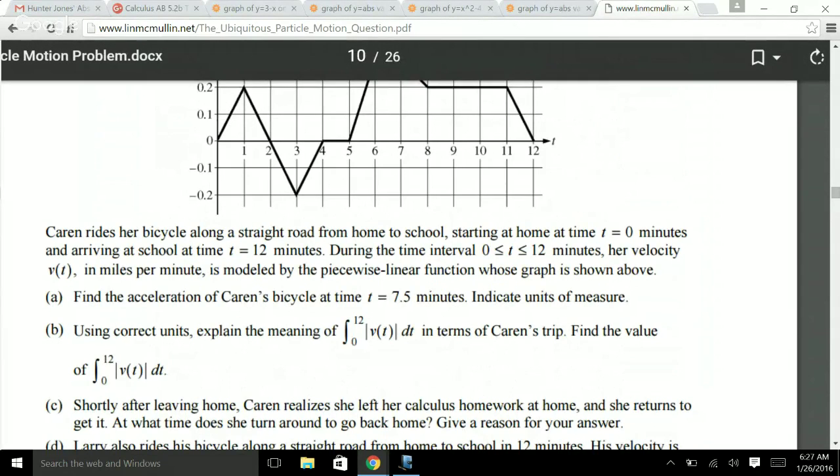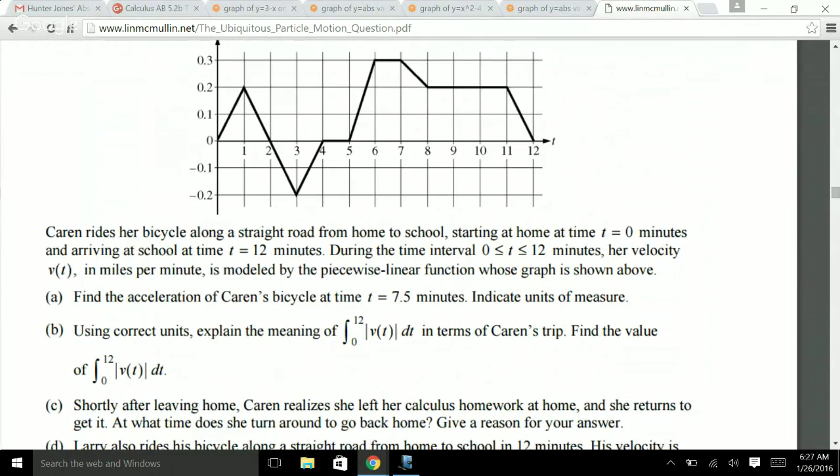Okay, this is a velocity function, do not forget that. So the slope, the instantaneous slope, or the tangent line at 7.5 is her acceleration.